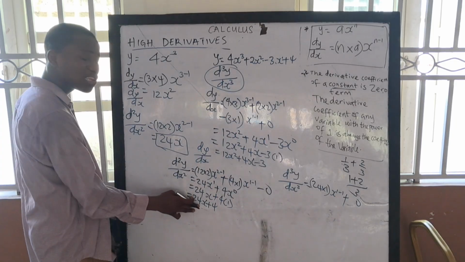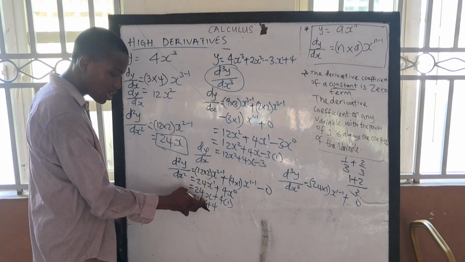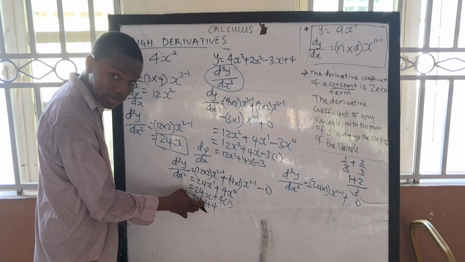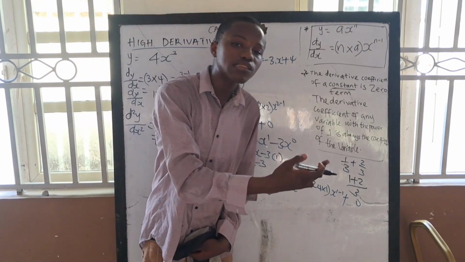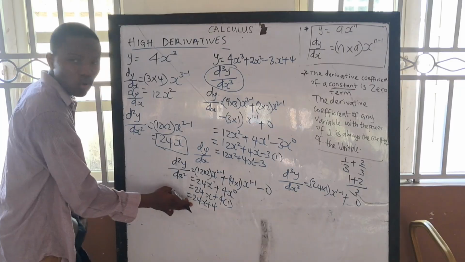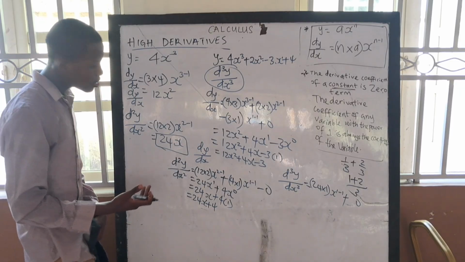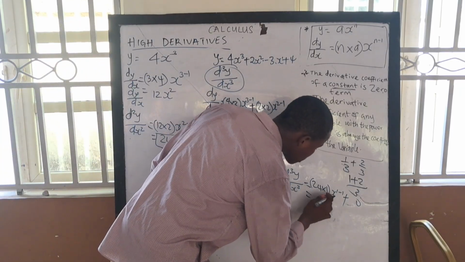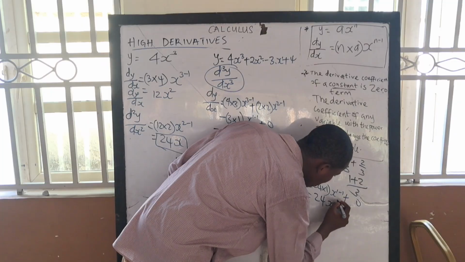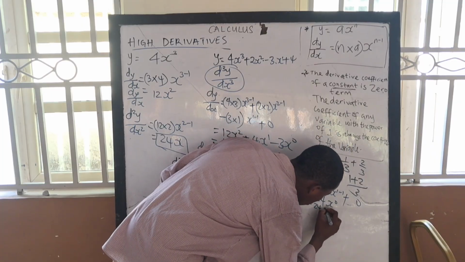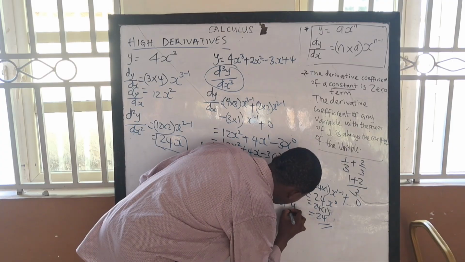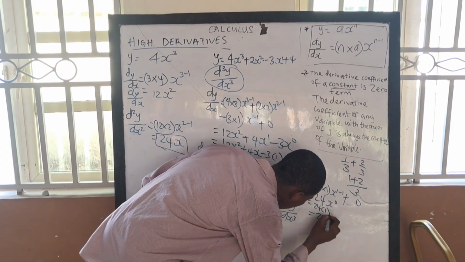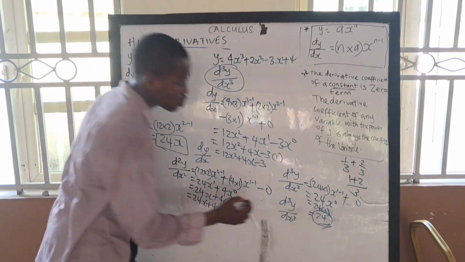Normally, I know that if I differentiate this it is 24, because I'm differentiating with respect to x, and the power of my x is what? 1. And anytime the power of the variable you are differentiating is 1, it's always the coefficient. Can you see? So now I'm having 24 times 1, 24. x power, what's 1 minus 1? 0. So I'm having 24 into what? 1. That's what? 24. So the d3y/dx cube is what? 24. So my final answer is 24.